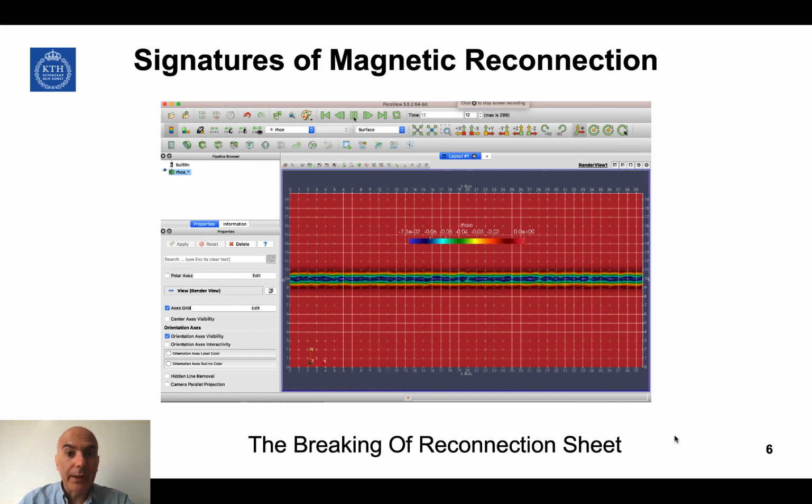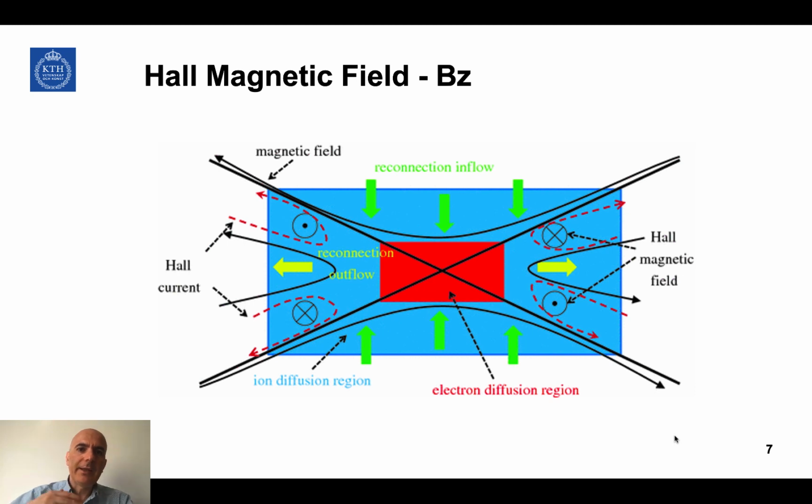So that was it when it comes to rho E. This is the current sheet. Let's look at the most iconic figure of magnetic reconnection, that is the out-of-plane magnetic field. Here we have a cartoon picture of magnetic reconnection as it is going on.